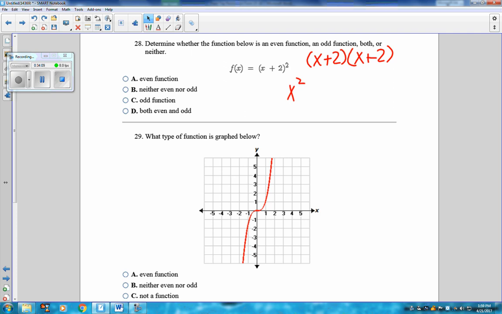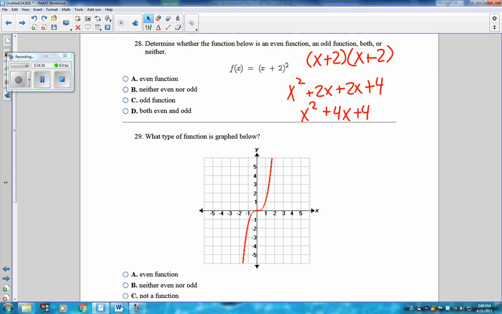Multiply my outside numbers together, x times 2 is 2x. Multiply my inside numbers together, 2 times x is 2x. Then multiply my last numbers together, 2 times 2 gives me 4. Combine like terms: x squared plus 4x plus 4.